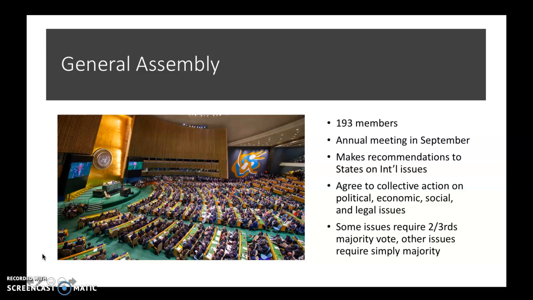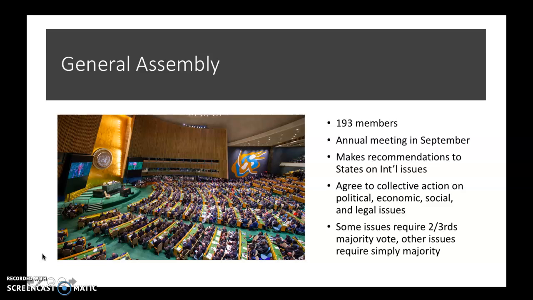And as a result, they don't have any voting power. Alternatively, Palestine is considered an observer to the UN. Now, this is because the Security Council has to vote by a supermajority to recognize a territory as an independent sovereign nation and admit it as a member of the UN. Well, so far, the UN Security Council has not been successful in doing so.